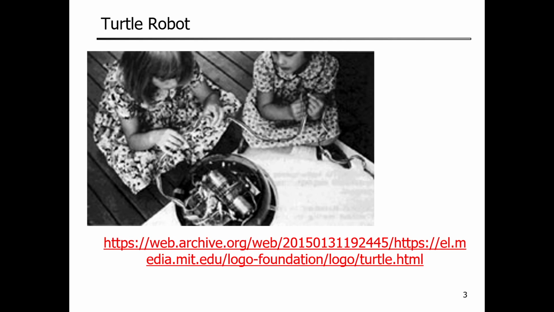And so soon after people created this language, there was the idea of AI and programming robots and things like that. So they also developed a turtle robot. And this is what one of the early turtle robots looks like, which is also something like 50 years or older.